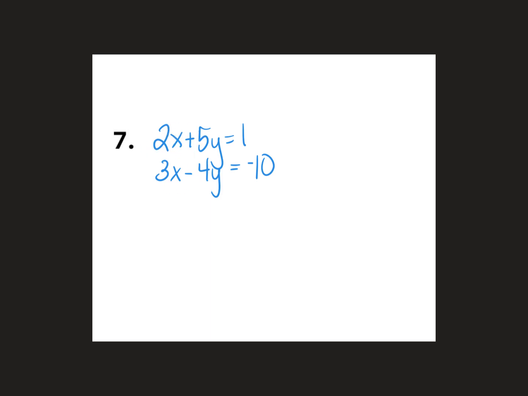I have coefficients on everything. Number 2, if I divided everything by 2, I would get fractions. If I divided everything by 5, I would get fractions. If I divided everything by 3, I would get fractions. If I divided everything by 4, I would get fractions. So let's do elimination with this one. We'll do substitution with the next one, although we're going to kind of encounter that same thing. But that's okay. We'll figure it out.